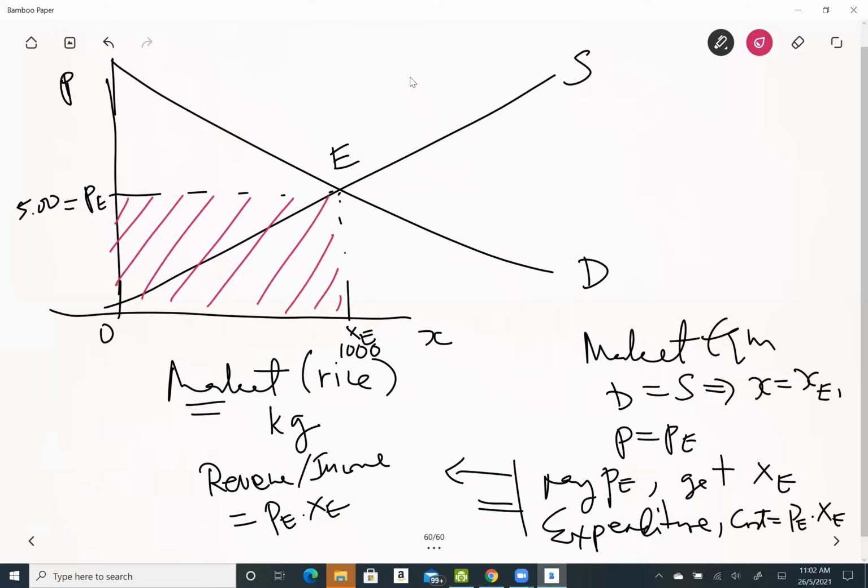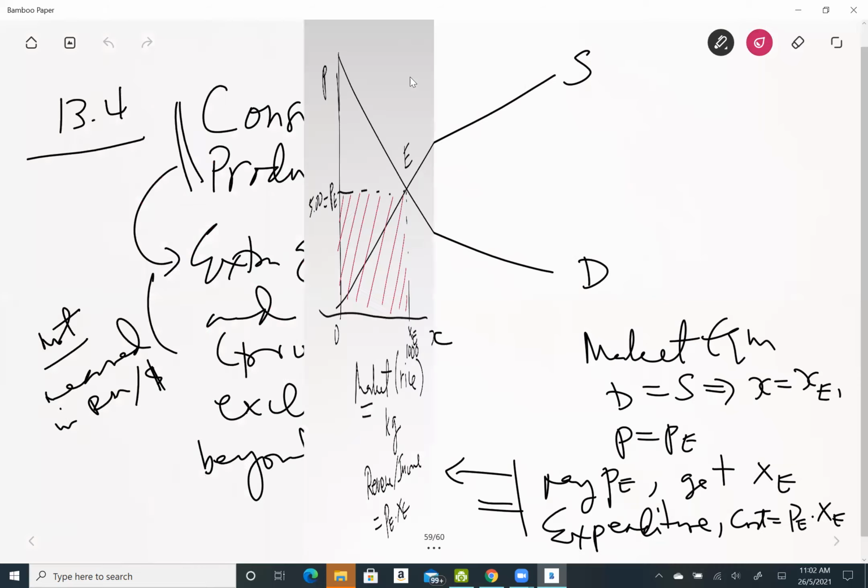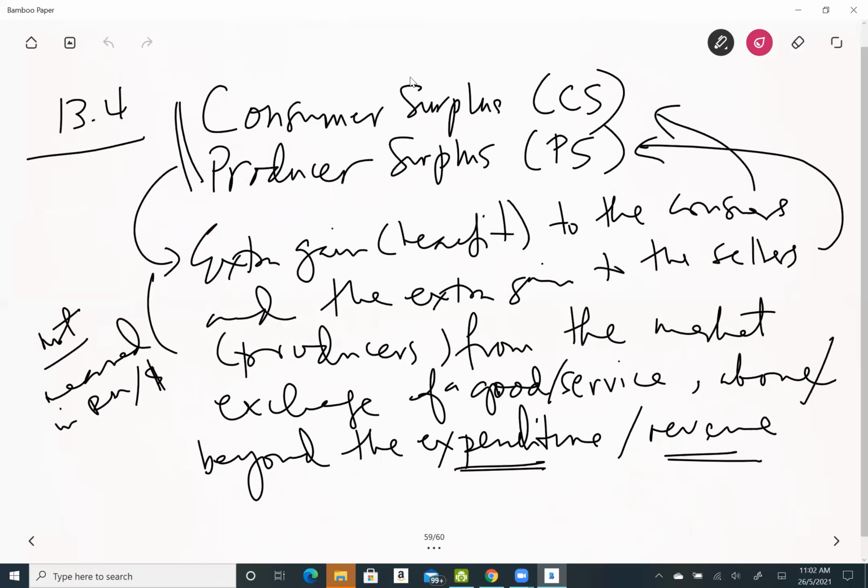Okay, that is our expenditure. Now, if you look at the concept of consumer surplus, what was it? It's the extra gain to the consumers from the market exchange, above and beyond the expenditure.